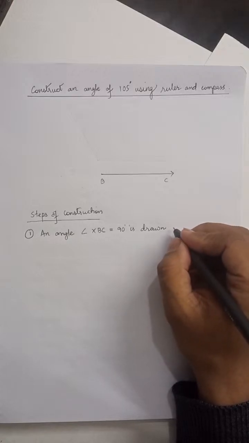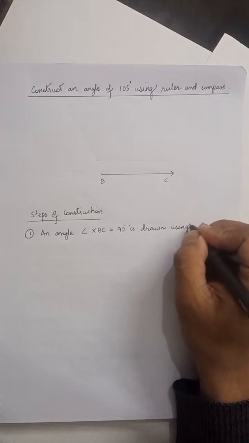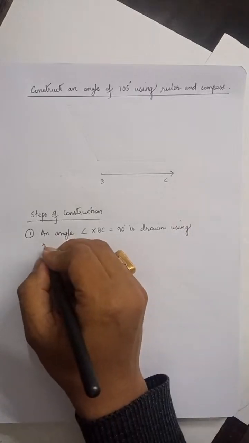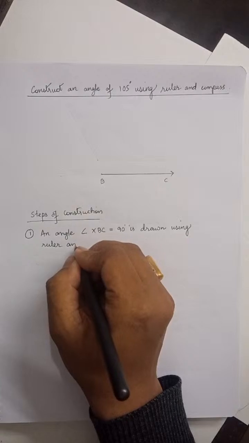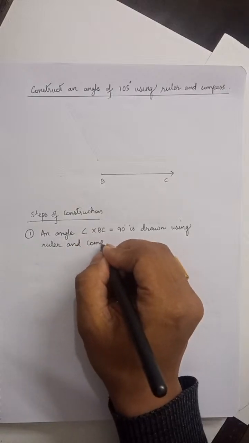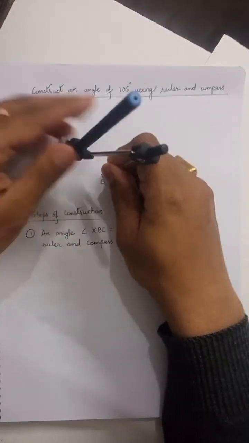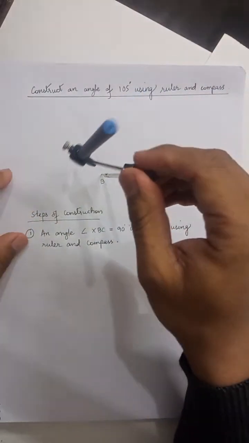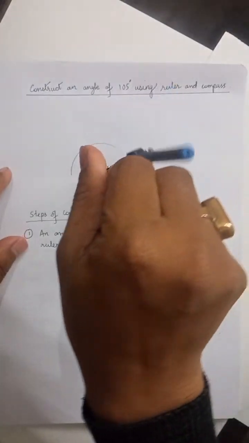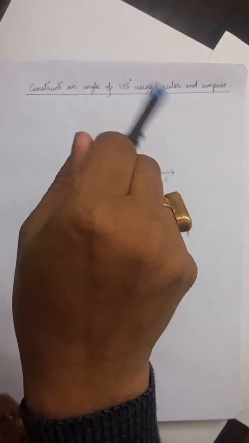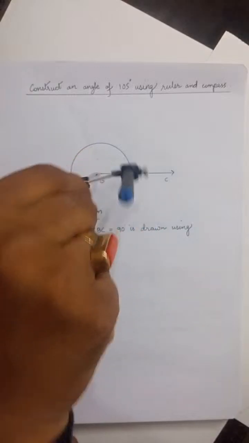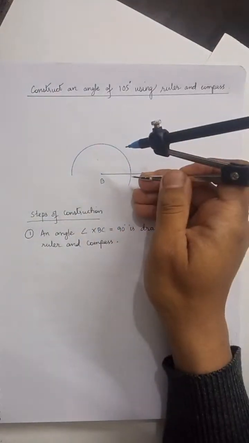is drawn using ruler and compass. So let me draw the 90-degree. This is our arc and this is our intersecting point.